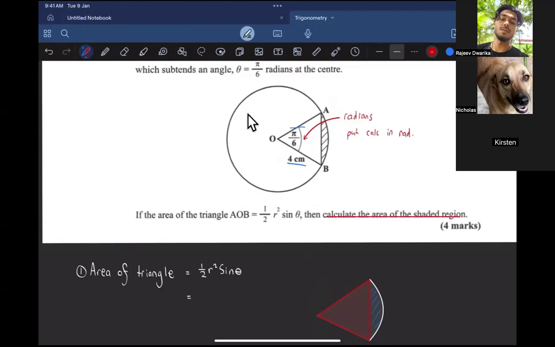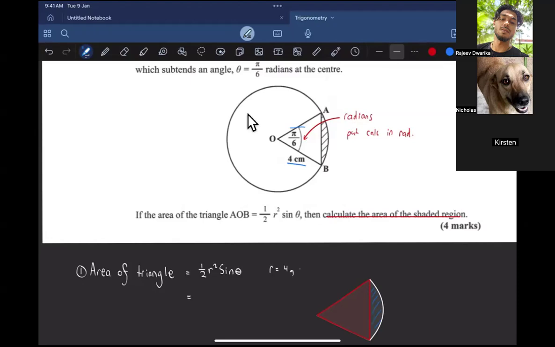Kirsten, first you have to put your calculator in radians mode. Anytime you see an angle with pi in it, it is in radians. So I sent the video in the chat. You're going to put a half r squared sine theta. Now, from the question, we know that the radius is 4 centimeters, so r is 4.